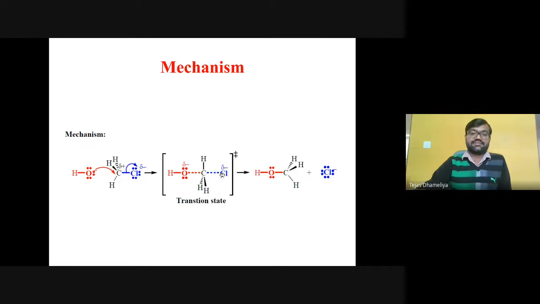Likewise, this carbon halogen bond is undergoing breakdown. Carbon oxygen bond is undergoing bond formation. So with respect to this, this is a bond formation, this is a bond breakdown.